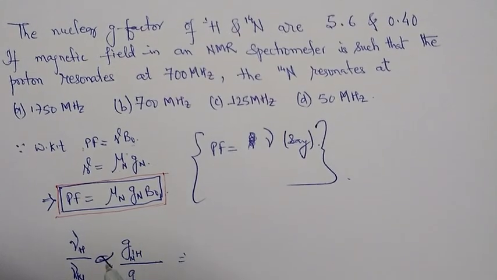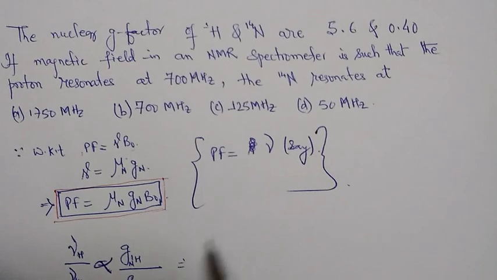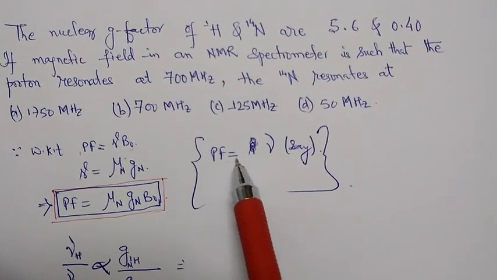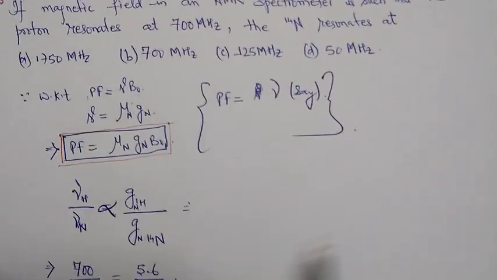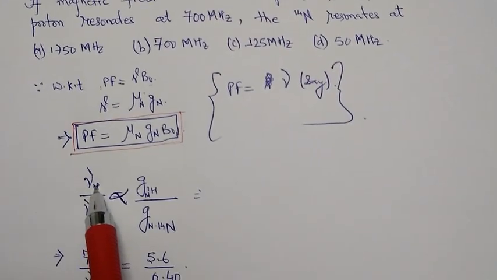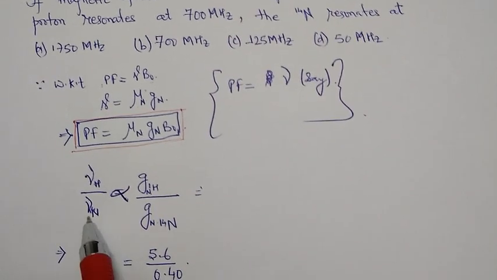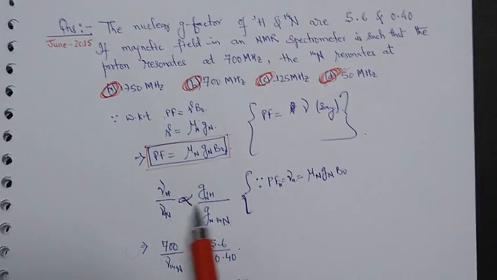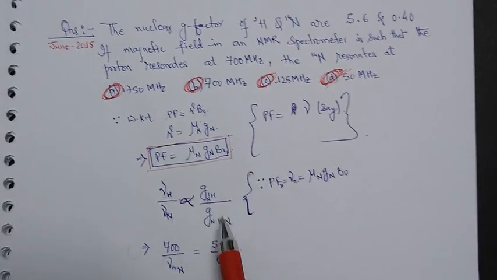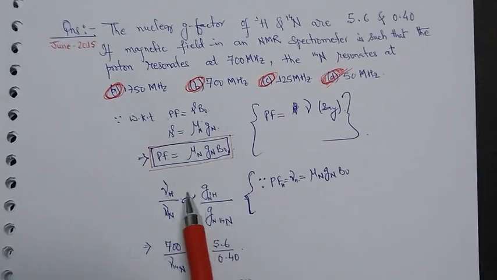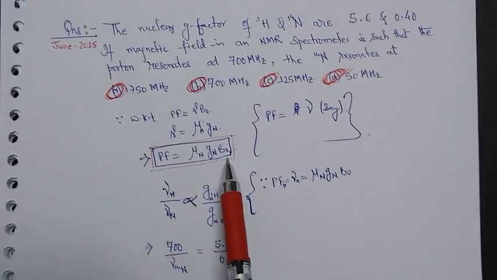Using this, the precessional frequency of 1H over that of 14N means mu n is directly proportional to Gn of 1H by Gn of 14N. So this relation is from the above step.